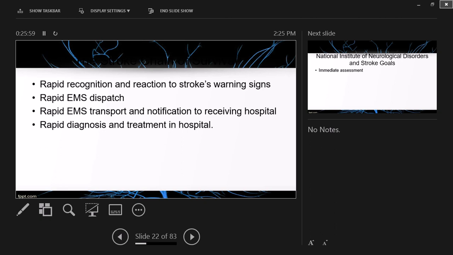The third rapid is going to be your rapid transport and notification to the hospital. You need to notify the hospital just as soon as you know, because they are going to clear out a CT machine. If you're going to a large hospital with multiple CT machines, they'll clear out one. Most of your smaller hospitals, which can be a stroke center, okay, will clear out the one CT machine they've got and await your arrival.